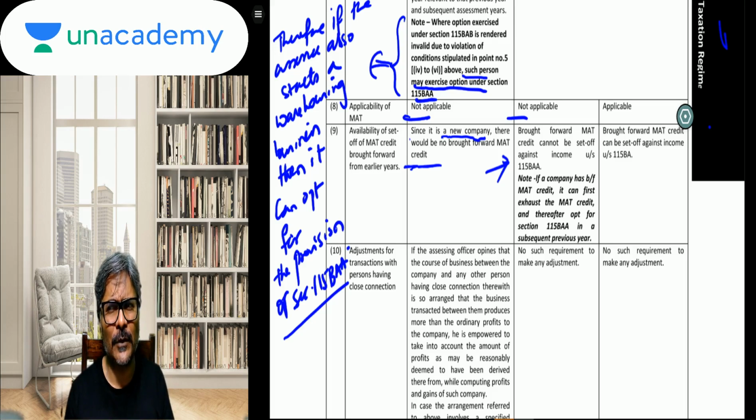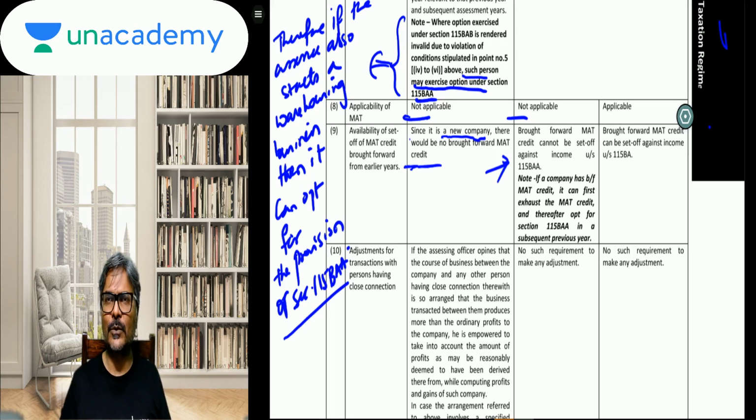That is what is advised to all the clients, so that there is no pressure about lapse and all these things. So brought forward MAT credit cannot be set off against the income under 115BAA.